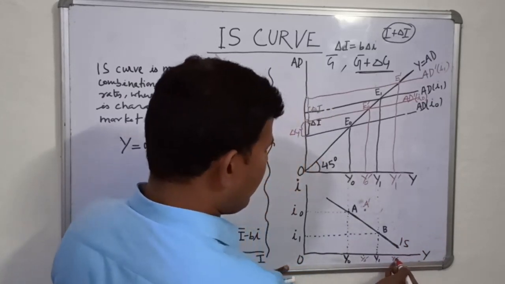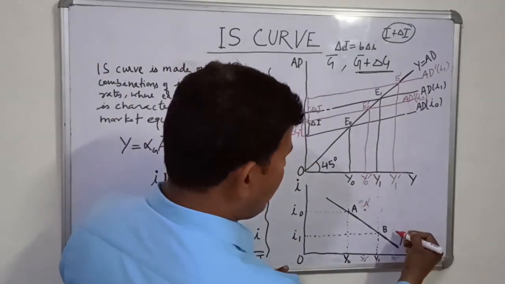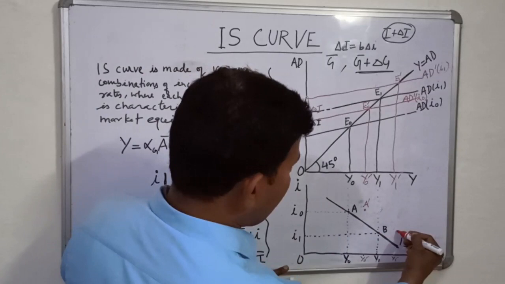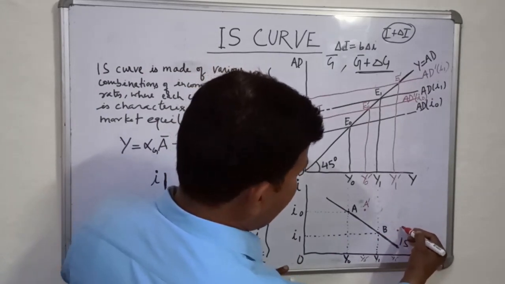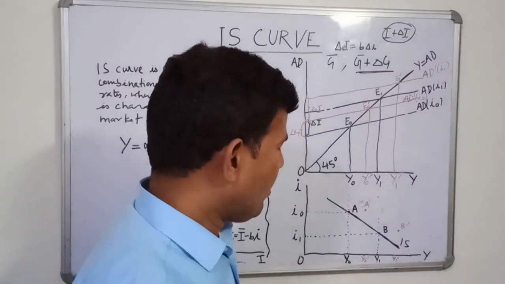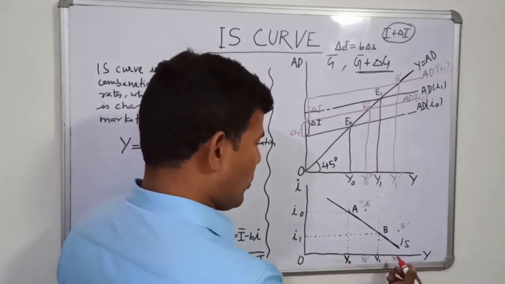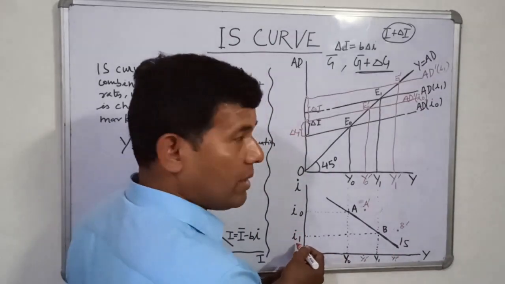Now this Y1 dash is associated with which level of interest rate? I1. This will be shown exactly to the right side of point B. Let us call this point B dash. So B dash is the combination of new equilibrium income, which is Y1 dash, and interest rate I1.